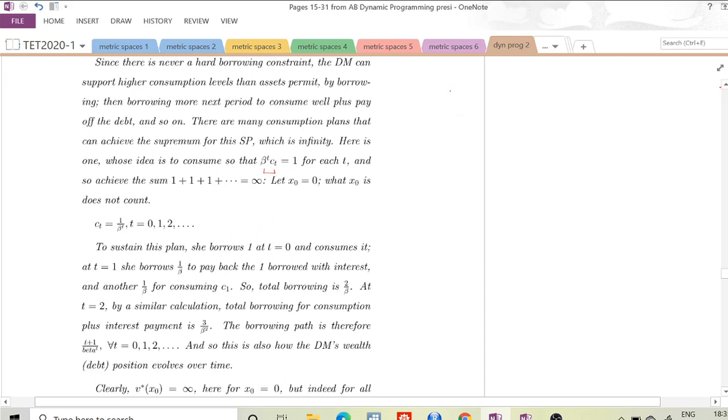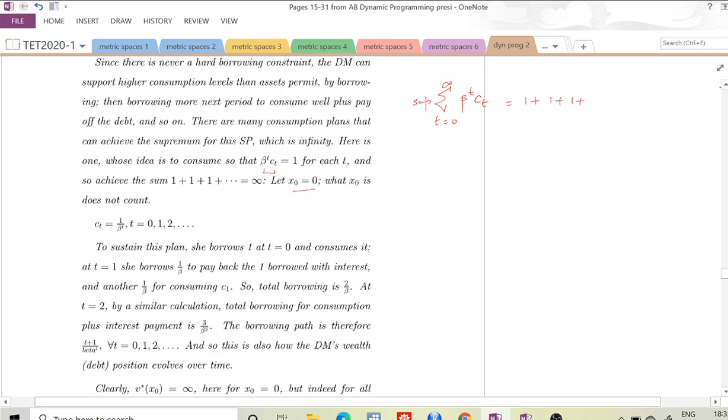If I do that, then what I get is a sequence of ones to add up, and that goes to infinity. There are many other consumption plans that go to infinity as well, but this means that when I take the sup, it doesn't matter what I start with.